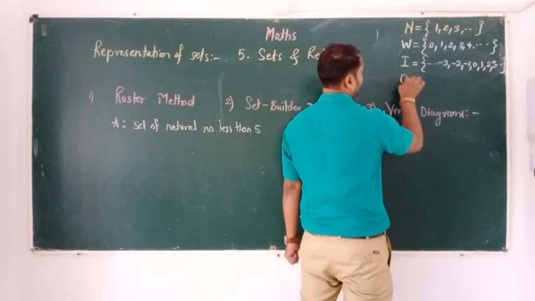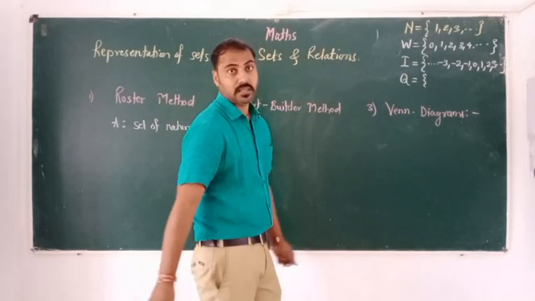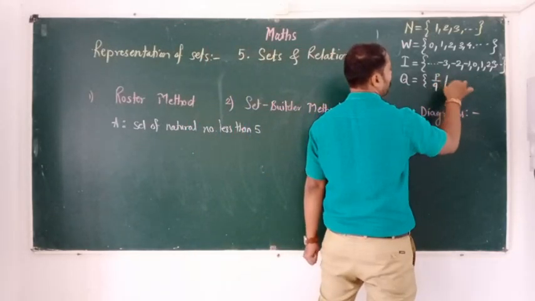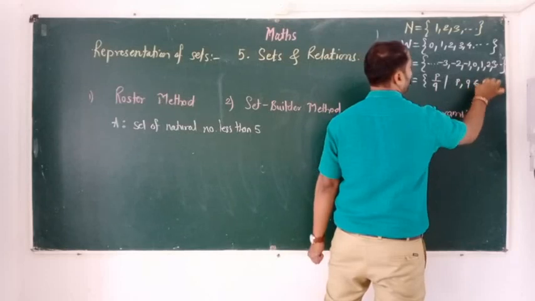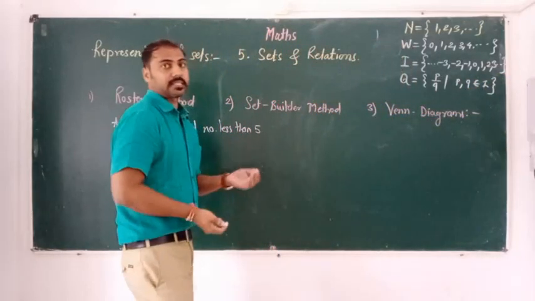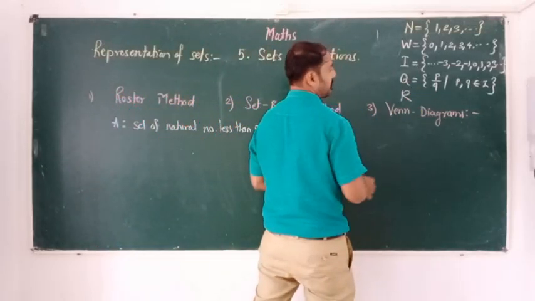After that, rational numbers. The set of rational numbers, the numbers which are in the form of p divided by q, where p and q belong to integers. Next type of set of numbers is real numbers.